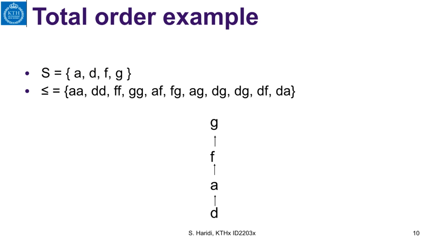An example of a total order is here. This is our set. And basically these elements have to be put in a straight line. So here is the total order relation.